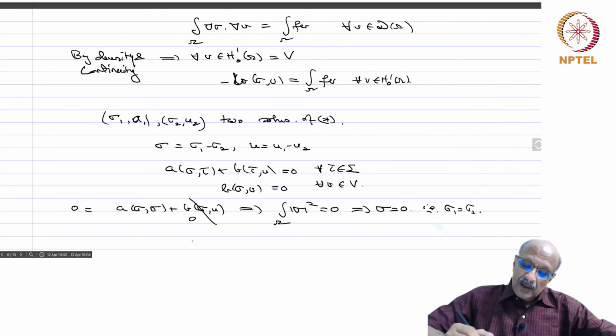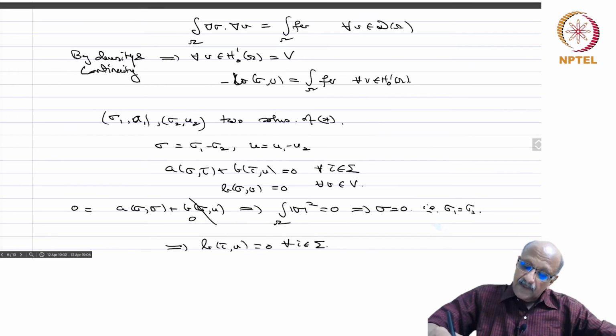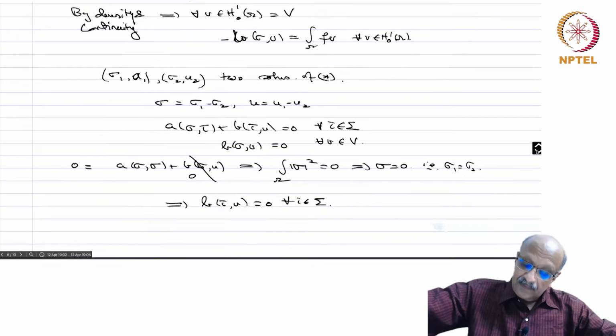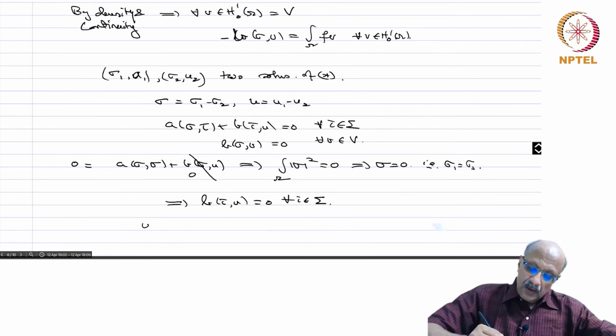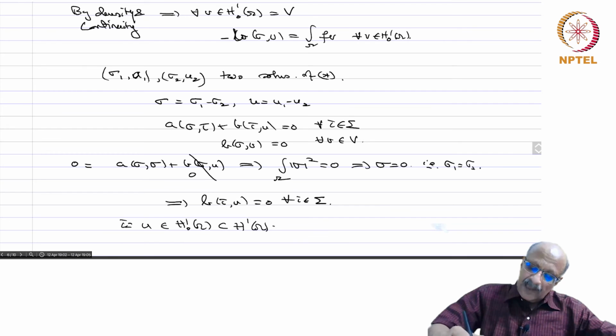Now sigma equal to 0, so this implies that b(tau, u) equal to 0 for all tau in Sigma, and then you take tau equals u, because u is in H1 0 of omega, which is of course contained in H1 of omega equal to Sigma.